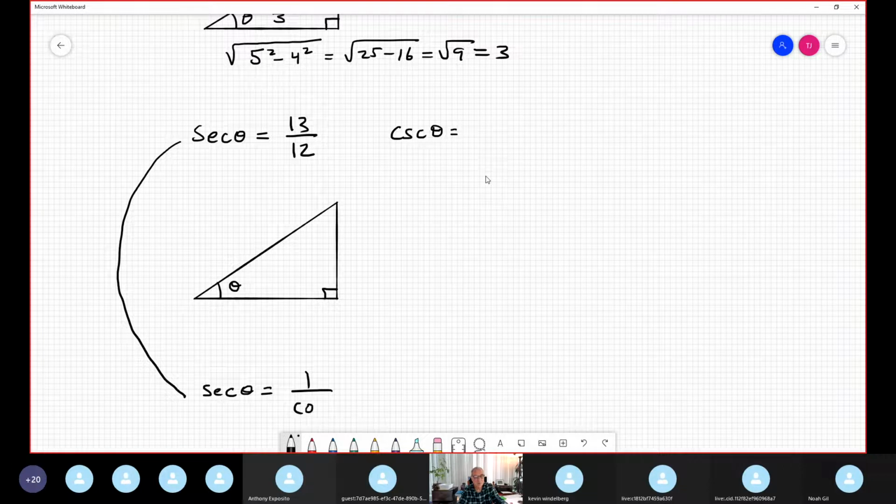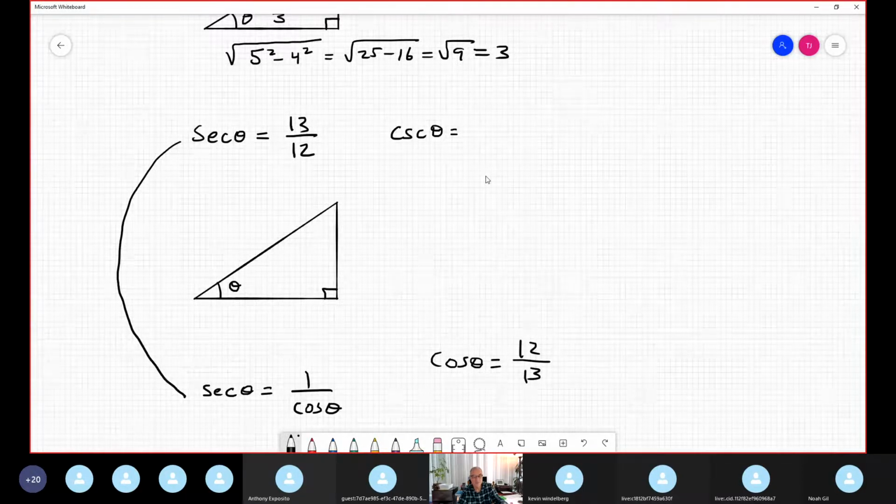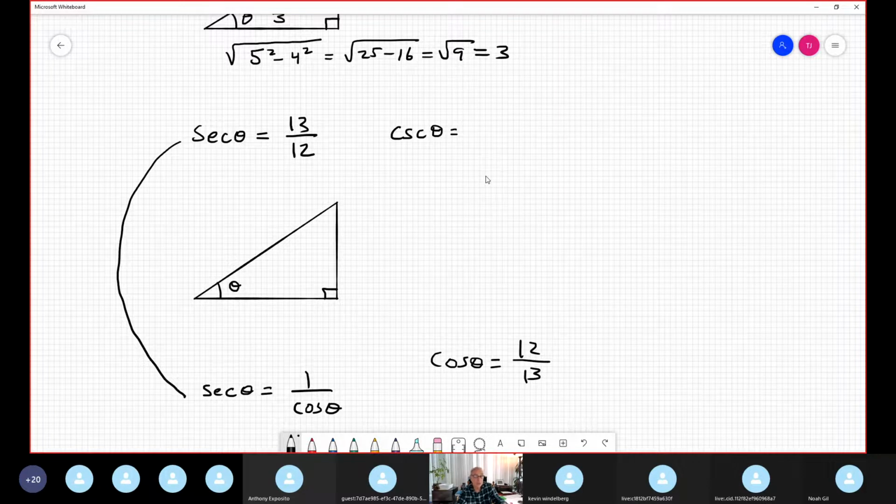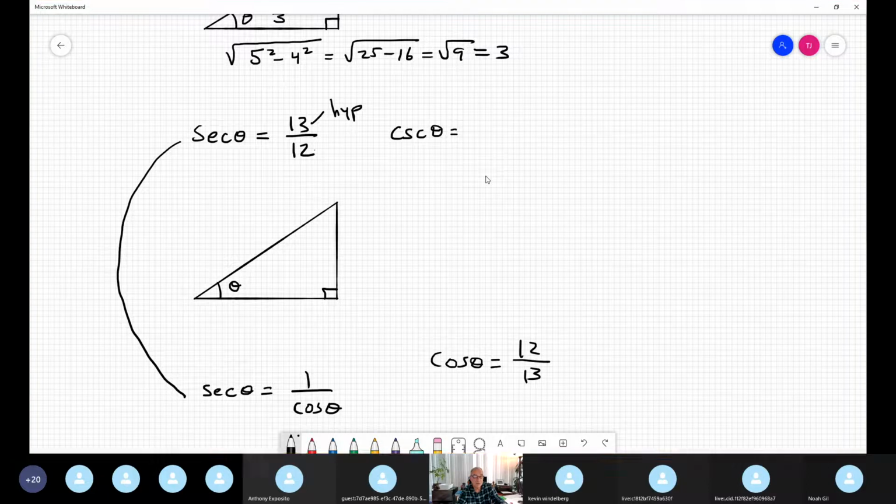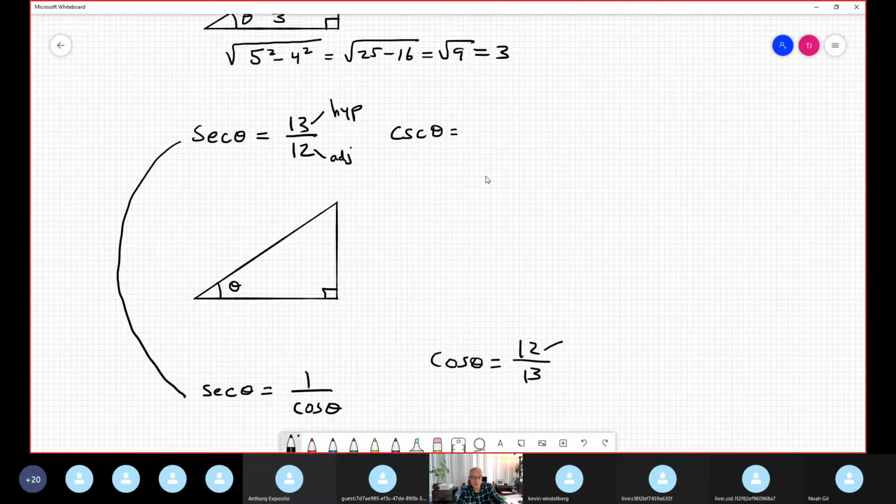So if you want to find cosine, it is 12 over 13, right? Makes sense, right? Or you memorize that this is hypotenuse and this is adjacent, but in my opinion, it's easy to see it like that: this is adjacent and this is hypotenuse.